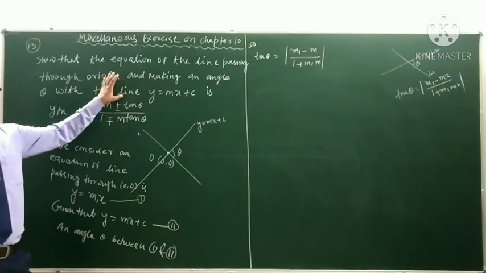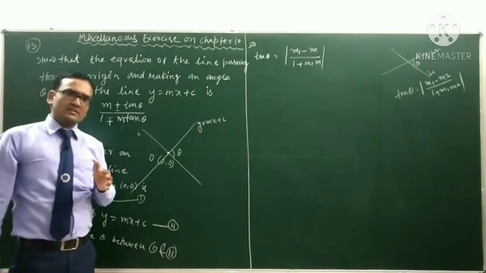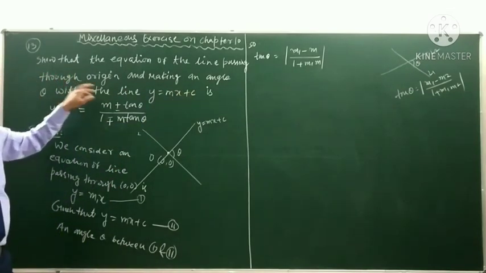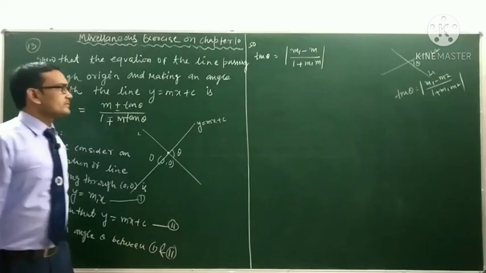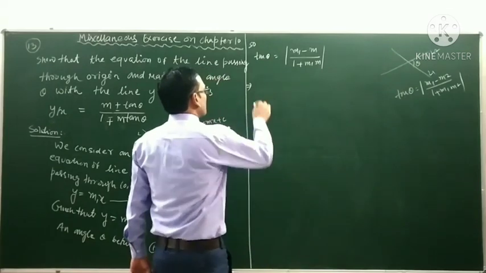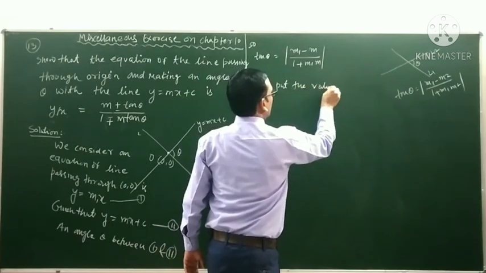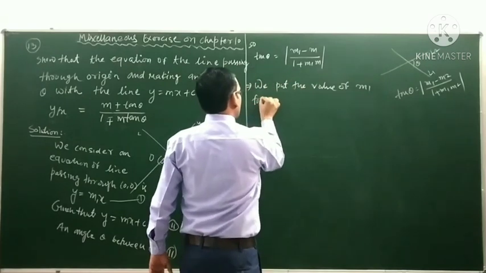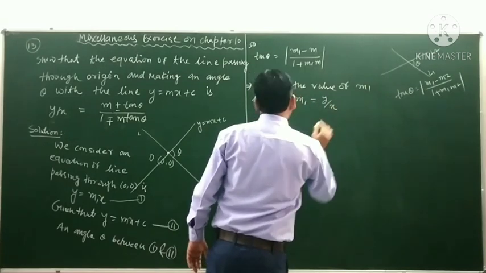And in this question, given the equation of the line which passes through the origin and makes an angle theta with the line y equal to mx plus c, this implies that we put the value of m1 from 1; m1 is y by x.